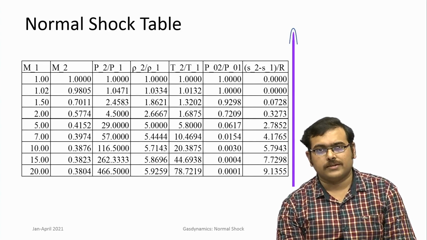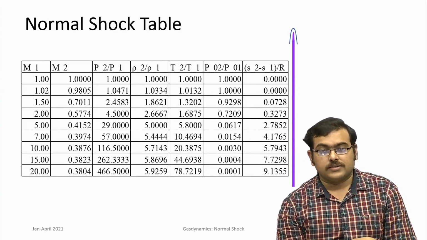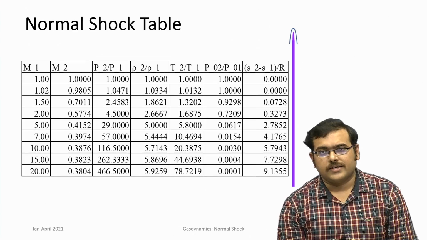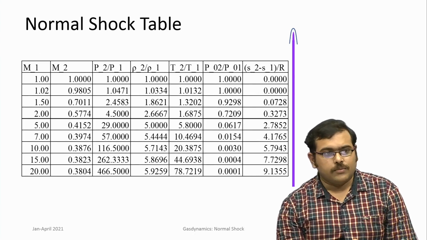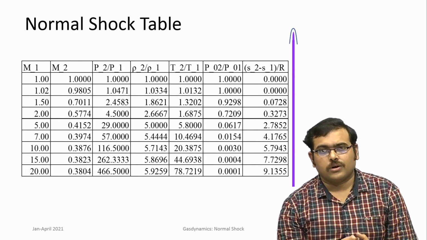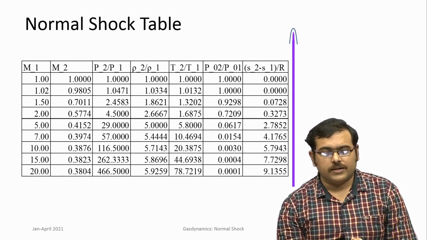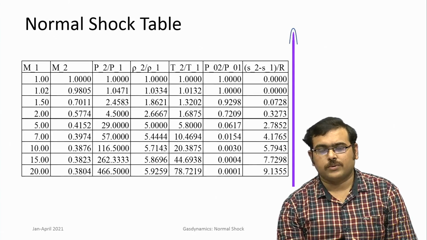Now, in the next class what we will see is strong shocks and weak shocks. Are there any limiting conditions? We have some indications through the graphs, but let us look at it.